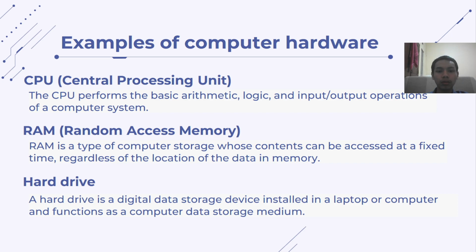The CPU consists of several parts, including the ALU, arithmetic logic unit, CU, control unit, and registers. The ALU is responsible for performing arithmetic and logic operations, while the CU controls the flow of data and instructions in the CPU.